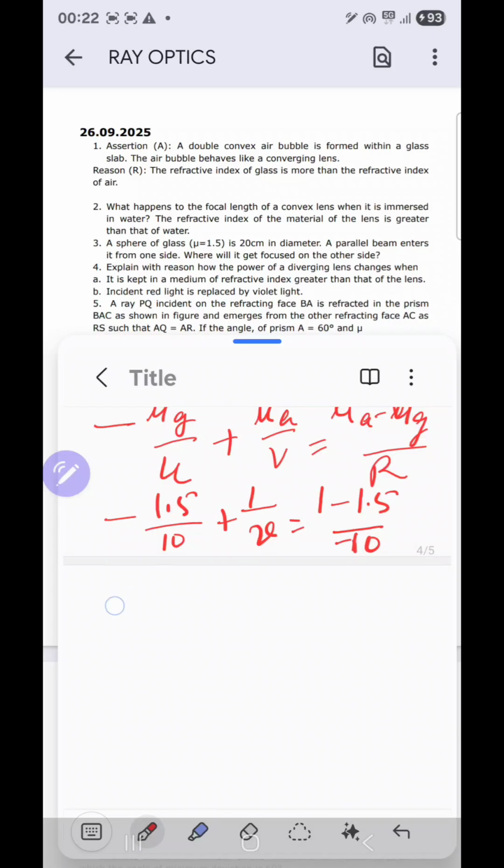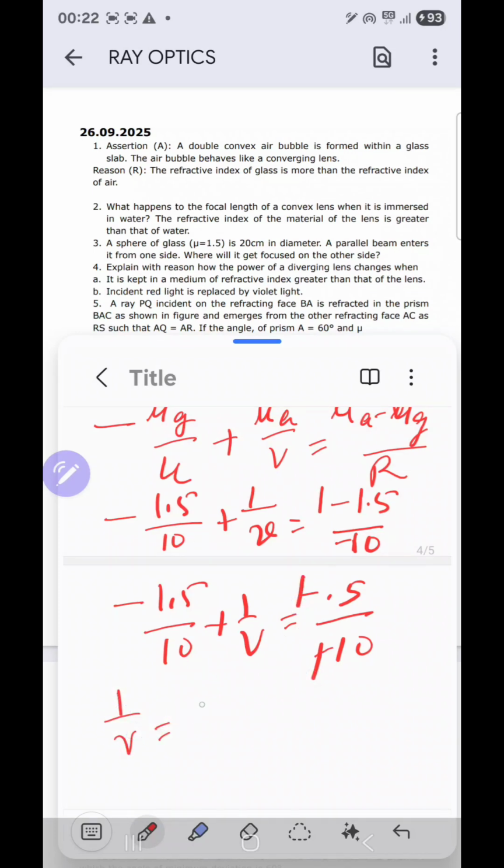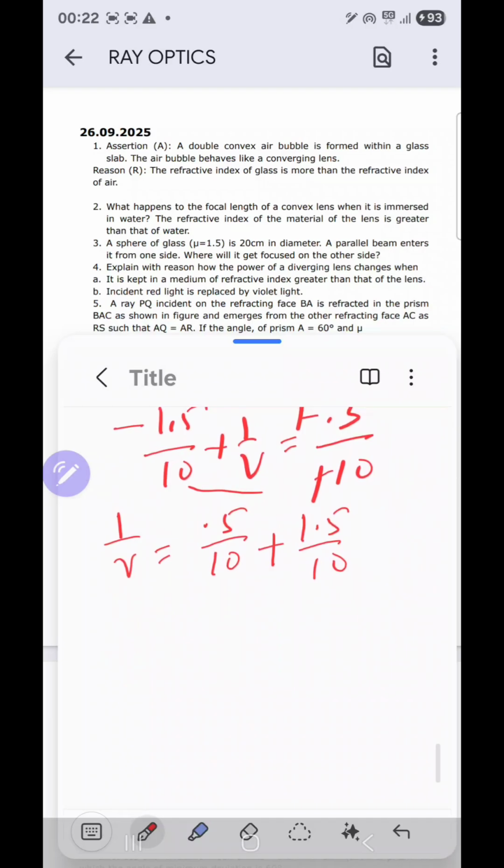So what we would get, minus 1.5 over 10 plus 1 over v is equal to 0.5 over minus 10. So this minus sign would be cancelled. So 1 over v is equal to 0.5 over 10 plus, I'm taking this to this side, 1.5 over 10.